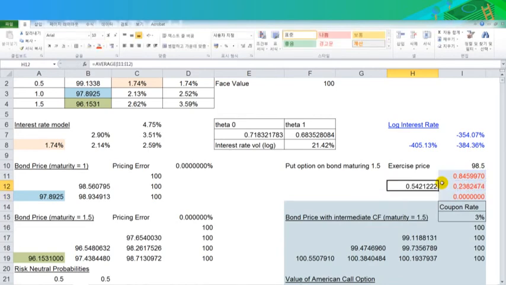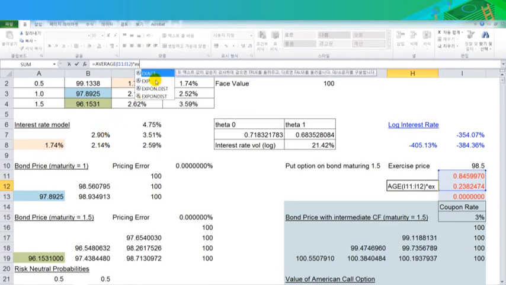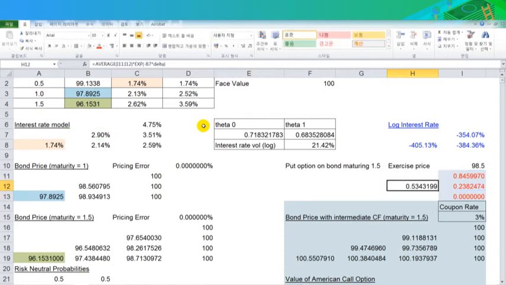It is a future expected value of the put option on the bond, so we have to discount it back. Because the interest rate at this point is 2.90%, we have the exponential of minus 2.90% multiplied by delta for 6 months. Done.